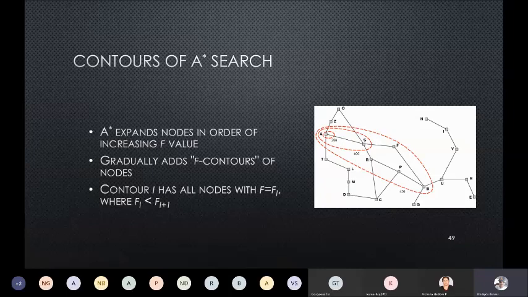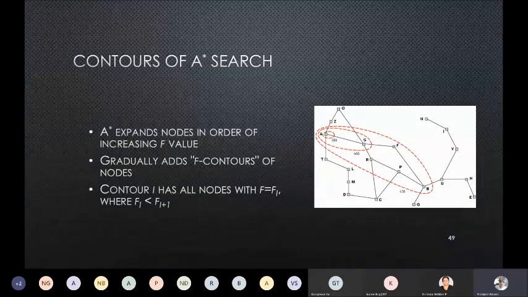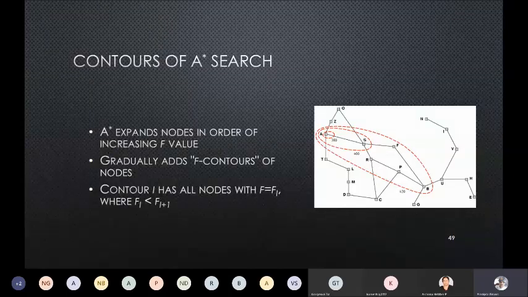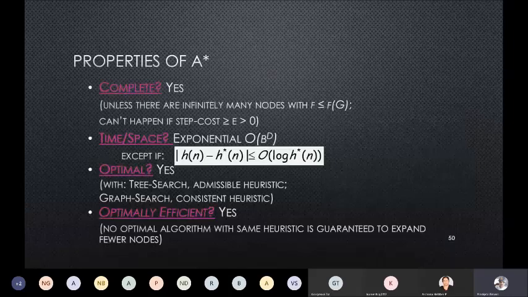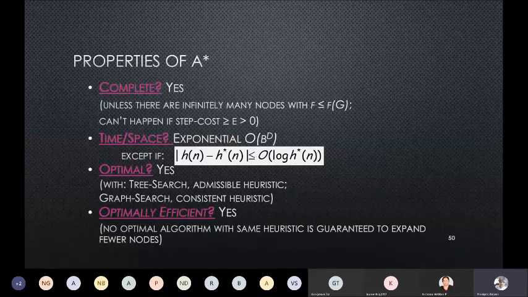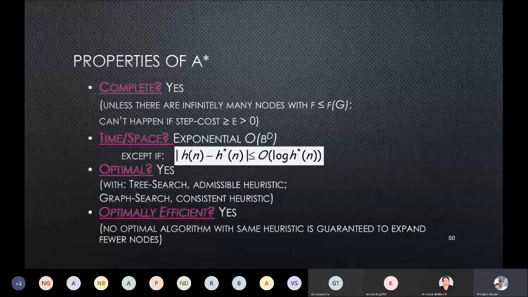So again, you need not go into the details of the proof for this course, but just remember these f contours, and that using the method of contradiction and f contours, we can prove that A star search is optimal. Now we'll look at these properties: completeness, time, space, optimality, and optimal efficiency.